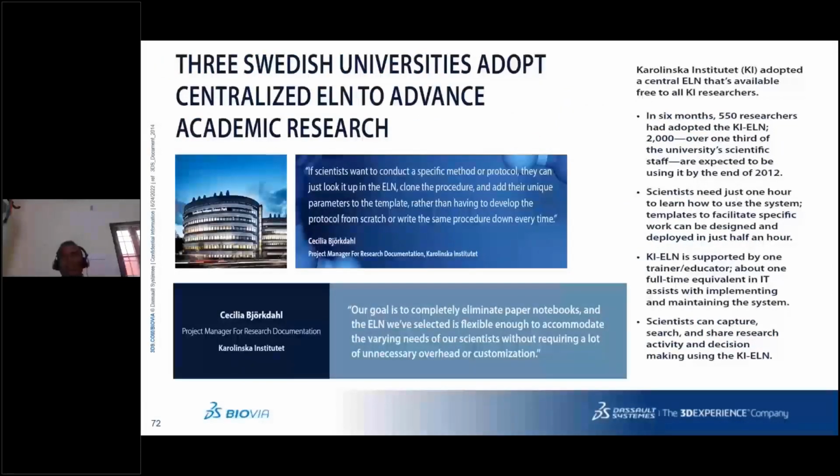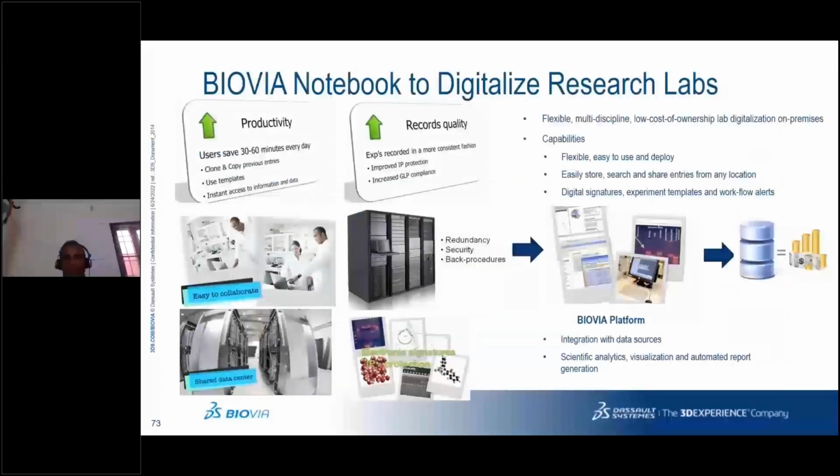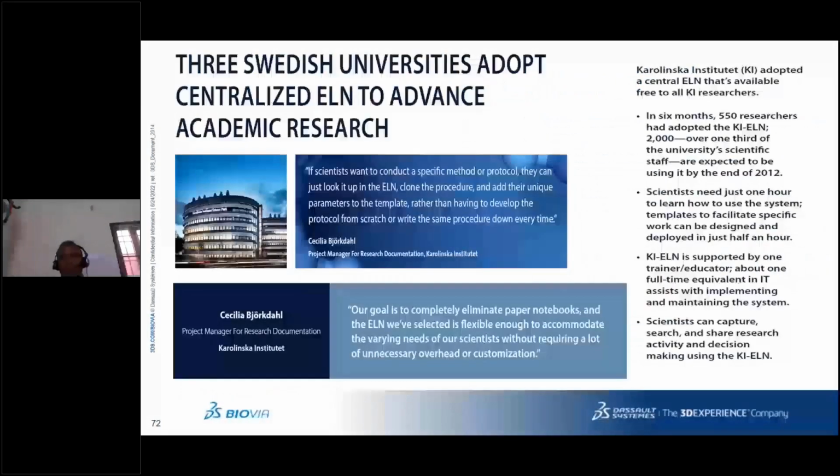Because three Swedish universities, University of Ghent, University of Strasbourg, and Karolinska University, have 10,000 users who use this notebook and who collaborate across this platform for experiments. So a person from a chemistry lab can collaborate with computational chemistry, with microbiology, and so on, and every one of them works collaboratively and comes out with innovation. This is how they work, and this can definitely be thought about in your university or academic institute.